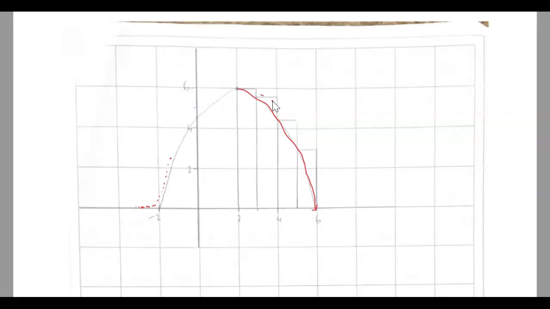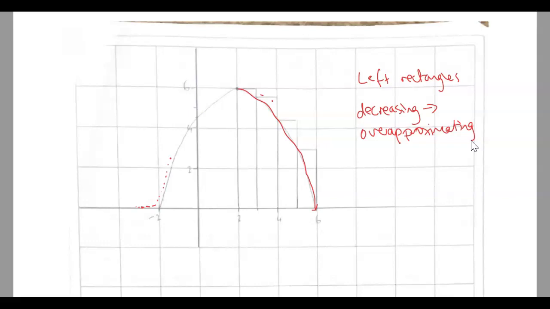So when you're using left rectangles and the function is decreasing, you are over approximating. You can see that here, your little rectangles are hanging over that curve.